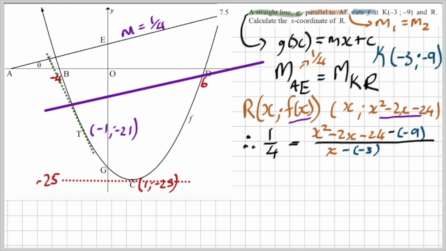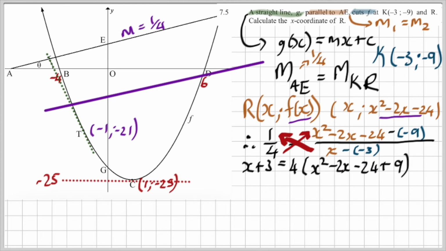So I'm going to do what you guys love to do, which is cross multiply. So in other words, I'm left with x plus 3, and on the right-hand side, 4 times the top, the numerator. Almost got my numerators and denominators mixed up, but the numerator. I've just got to solve x now.